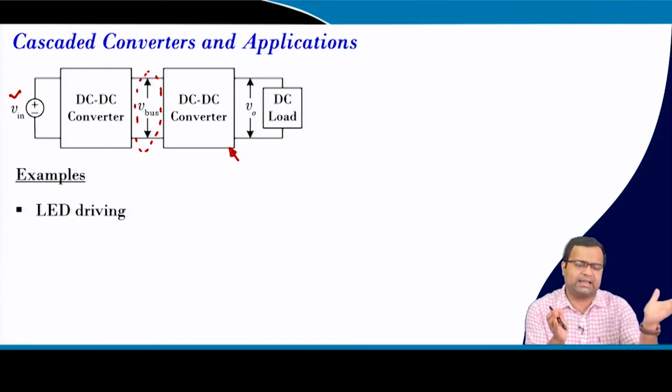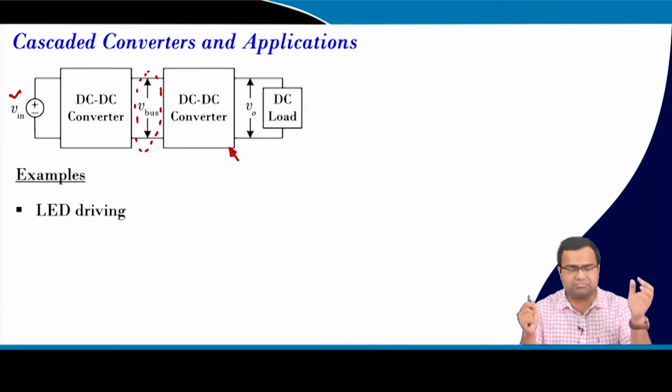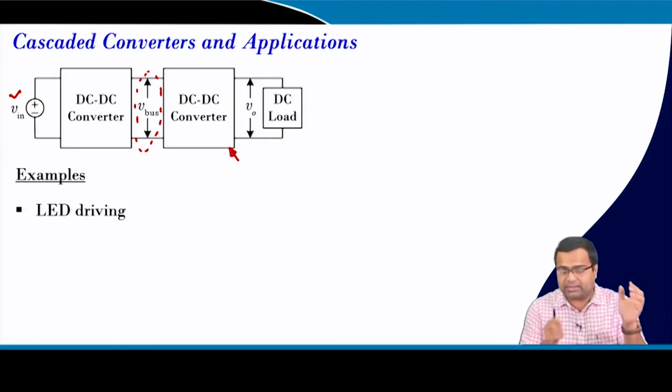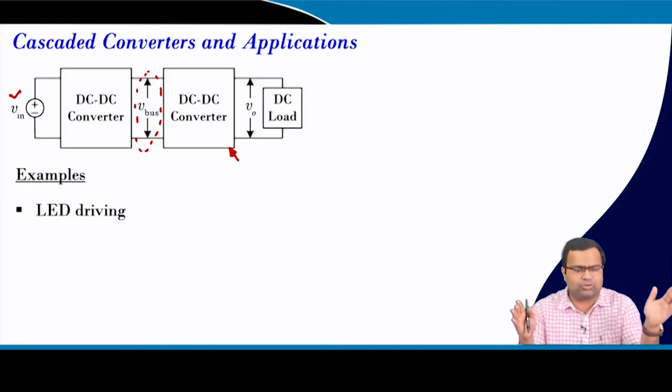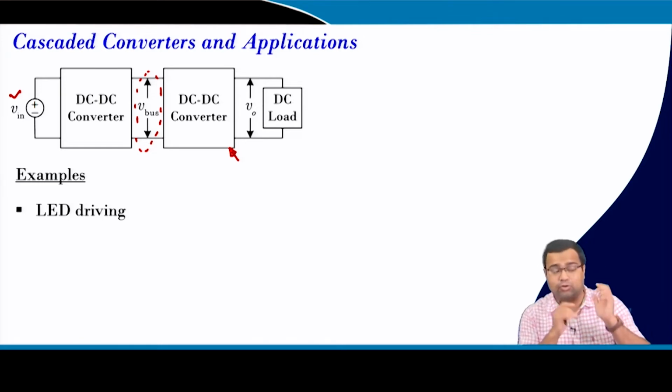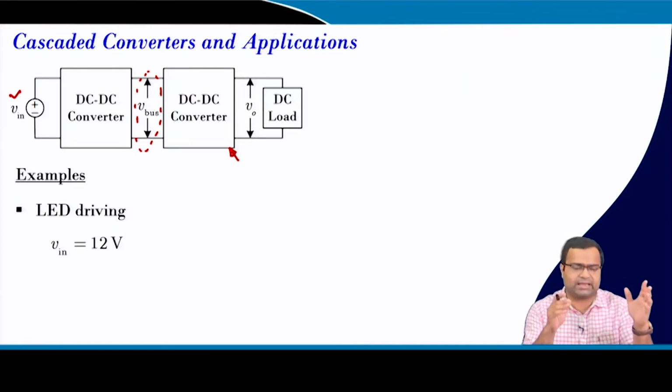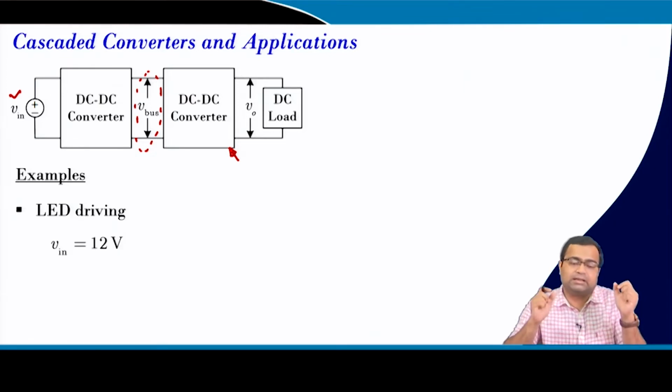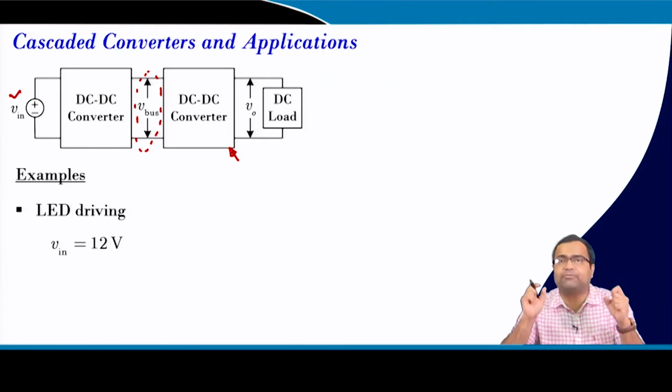The headlight can be in the range of 12 to 14 volt, and then there are other lights, but the battery is 12 volt. So, if you want to convert from 12 volt to 14 volt or 12 volt, they are almost close to each other, and the battery voltage can also vary. In such a case we can use a simple buck boost converter, but it requires certain stringent performance requirements.